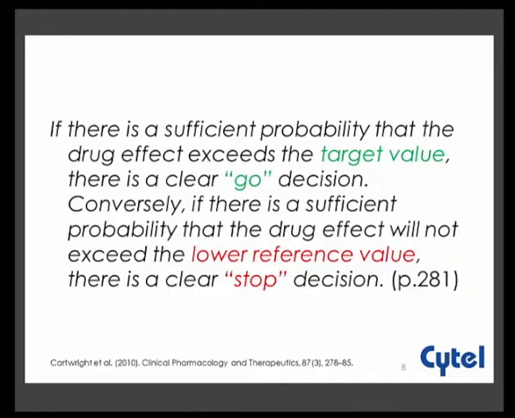Conversely, if there is a sufficient probability that the effect will not exceed the low reference value, there is a clear stop decision. So in this case, the way it differs from the Fish et al. approach is that the go decision is based solely on the target value, and the stop decision corresponds to a low reference value, whereas in the Fish, both the significance and relevance needed to be satisfied.